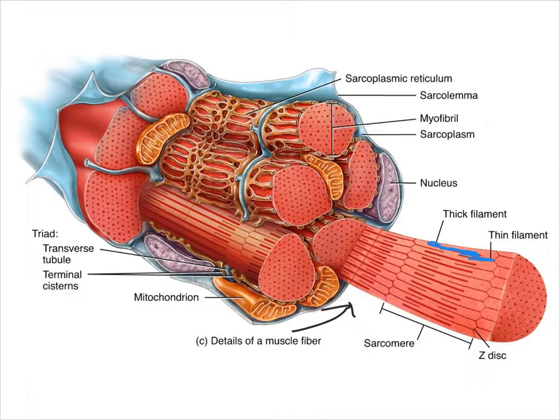Let's actually do the thin filaments in green, because I can. And what you have is this staggered structure where you have a thick filament in the middle, and it's flanked by thin filaments to its left and right, above and below. Thick filament, thin filaments.